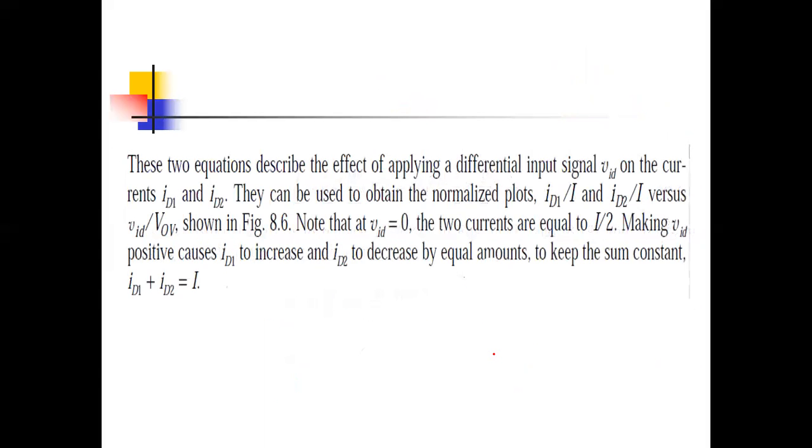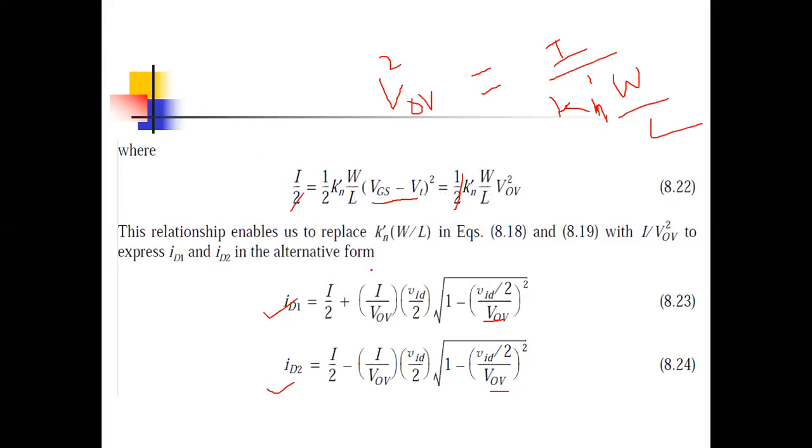Now these two equations describe the effect of VID on the currents ID1 and ID2. And this can be used to obtain the normalized plots of ID1 upon I and ID2 upon I versus VID over VOV.